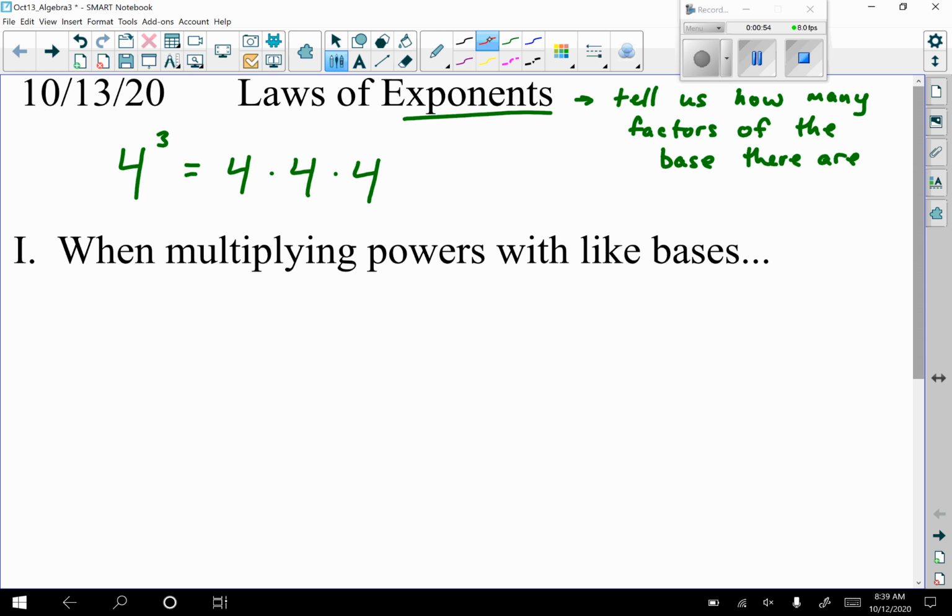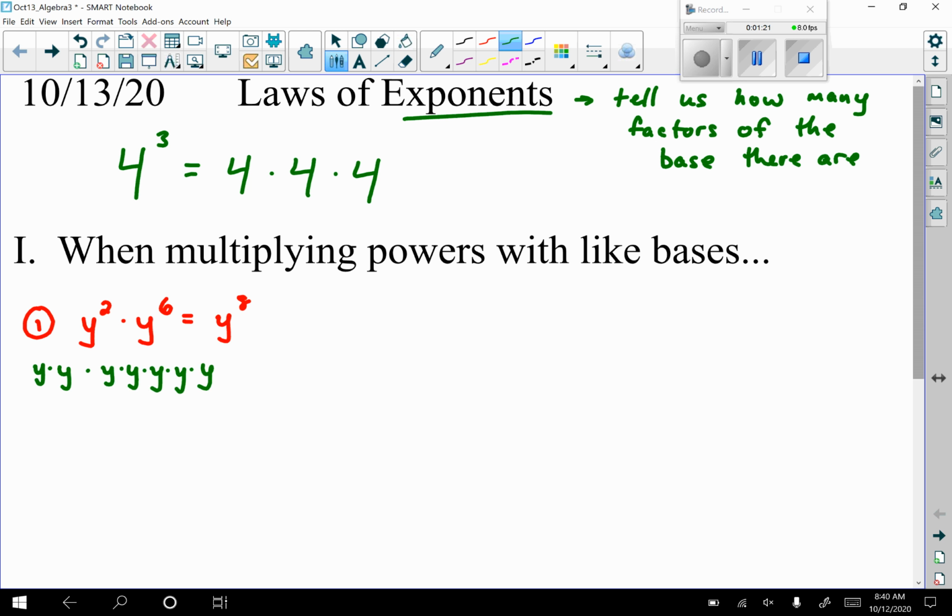So when we multiply powers with like bases, going over a very basic example, which everyone should be familiar with, again, the bases have to be the same for this law or property to work. So what we do is we state the base once and we simply add the exponents, because what this means is I'm multiplying 2 y's to get the y squared, and then 6 more y's I'm multiplying.